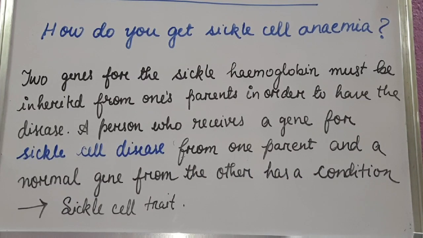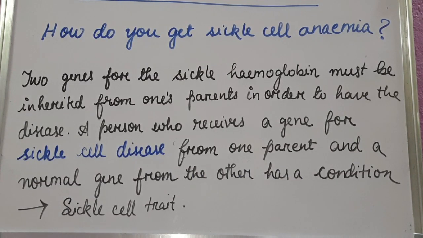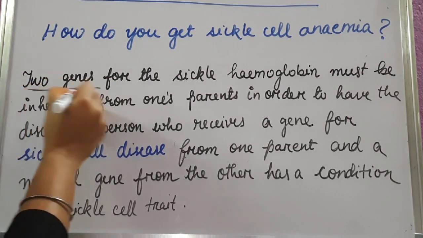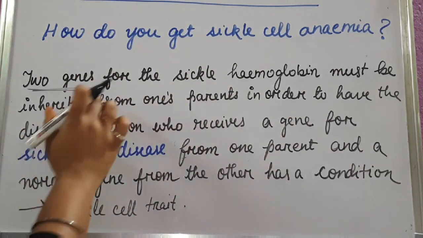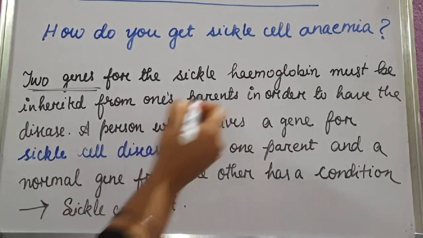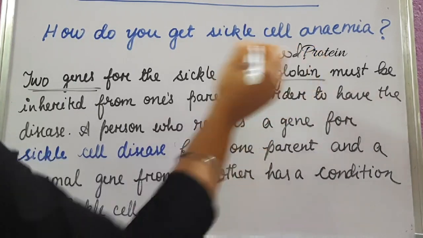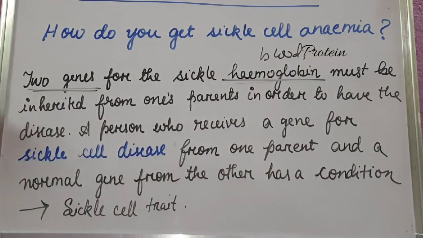Let's see how you get sickle cell anemia. Two genes, normally genes come from our parents. The sickle hemoglobin must be inherited from one's parents in order to have the disease.